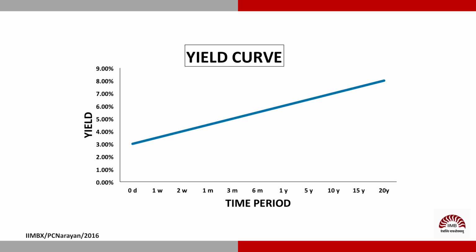By the way, the responsibility to construct and publish the yield curve for any currency is vested with a specific entity in that currency's country of domicile. Hence, you have, for instance, a US dollar yield curve, a euro yield curve, a GBP yield curve, so on and so forth.